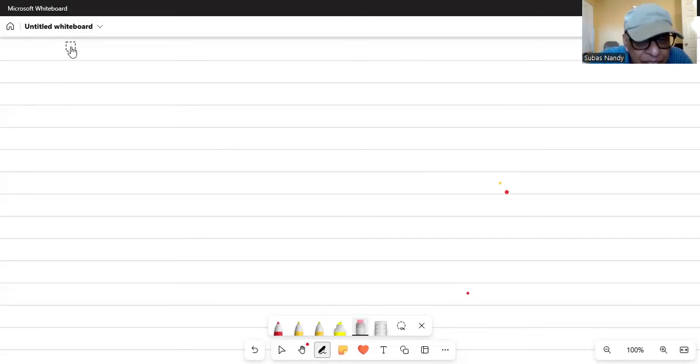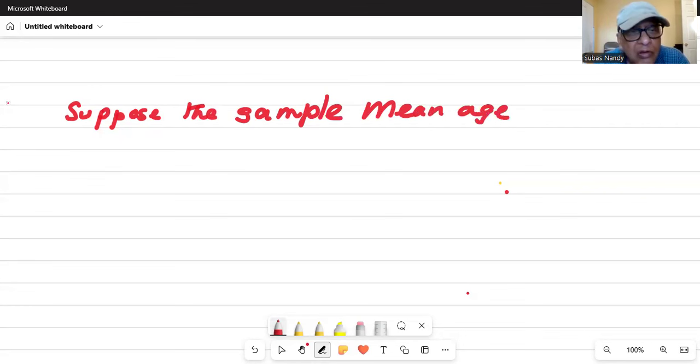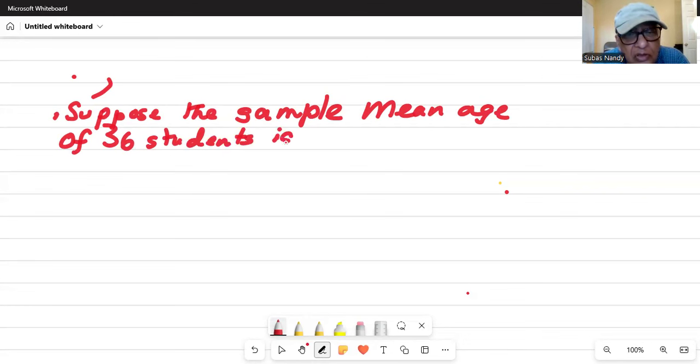So suppose the sample mean age of 36 students is 21.